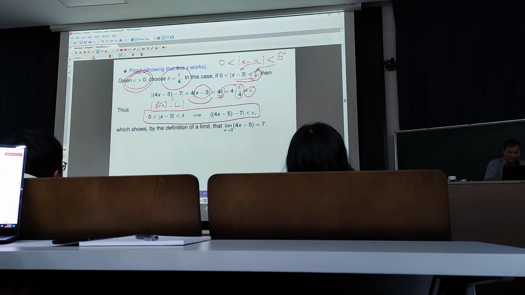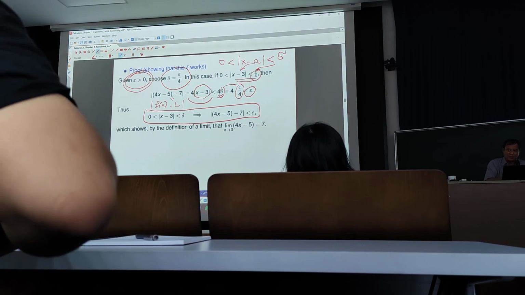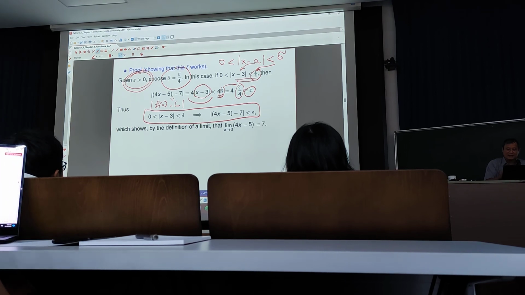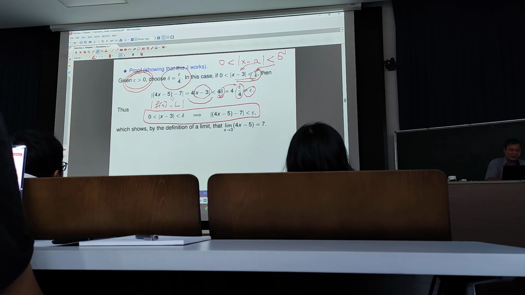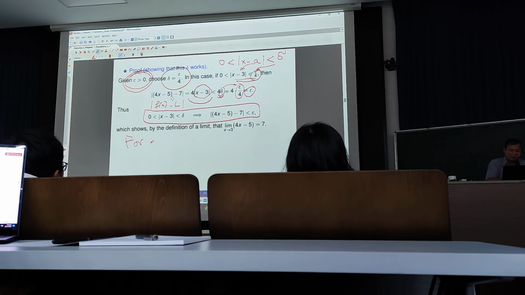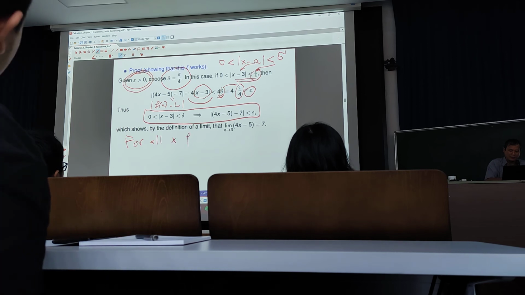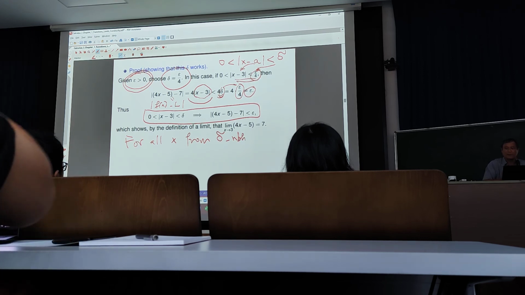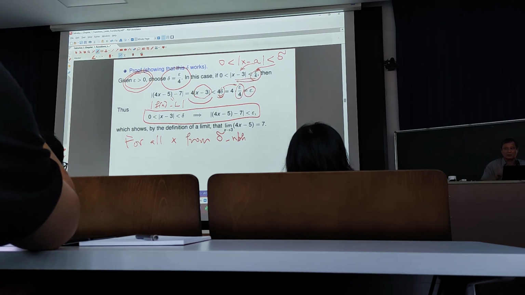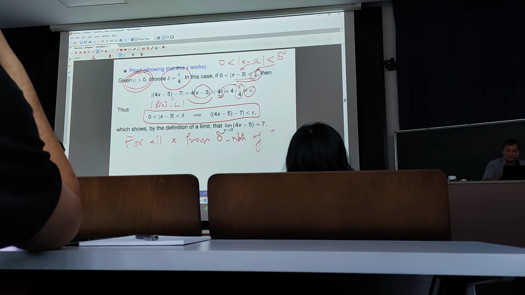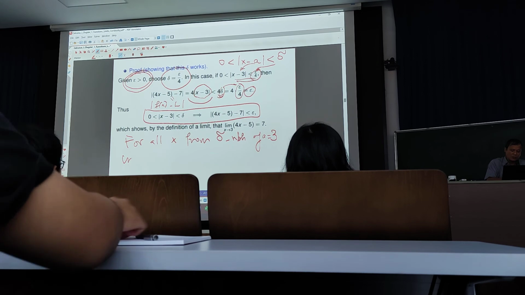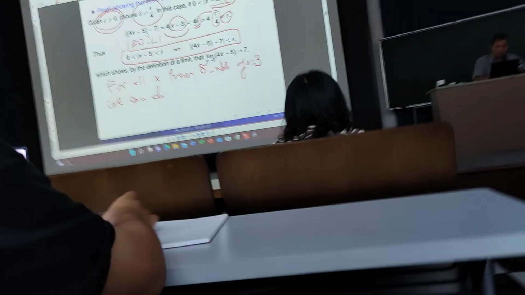For all x from the delta neighborhood of 3 except 3, f(x) is in the epsilon neighborhood of 7.